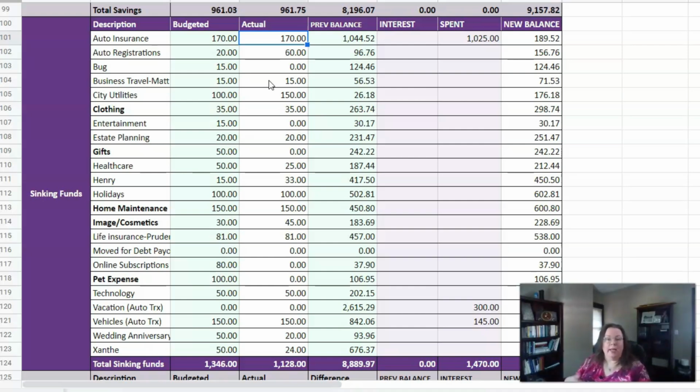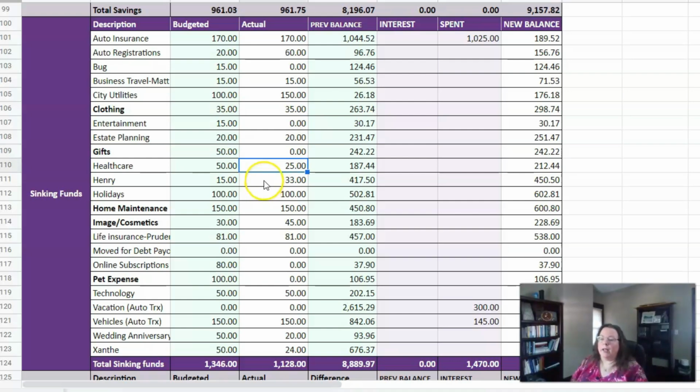So essentially it ends up costing us nothing, but we do want to have the money there in the event that he does actually have to travel so that it doesn't affect our budget that month. So we put a little bit aside every month. In city utilities, we put in 150. And in clothing, we put in 35, nothing to entertainment since we spent it up above. Estate planning, we put in 20, nothing to gifts.